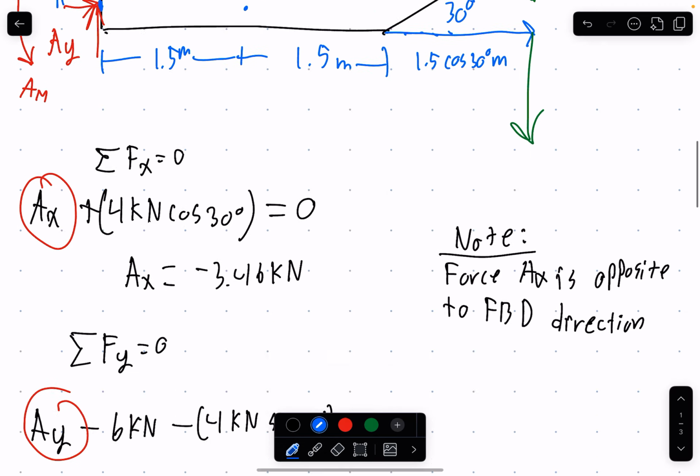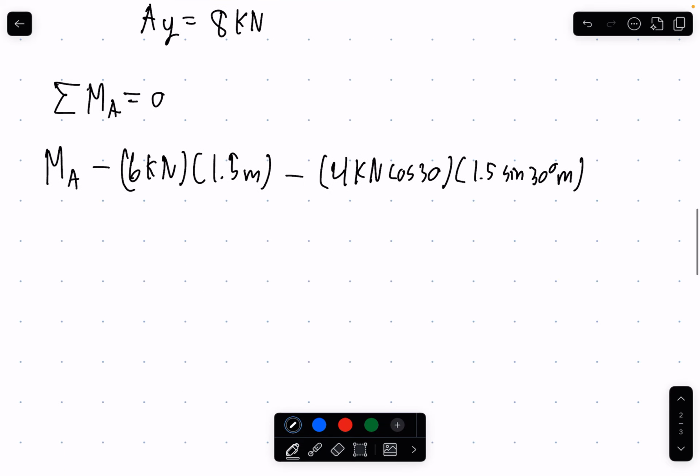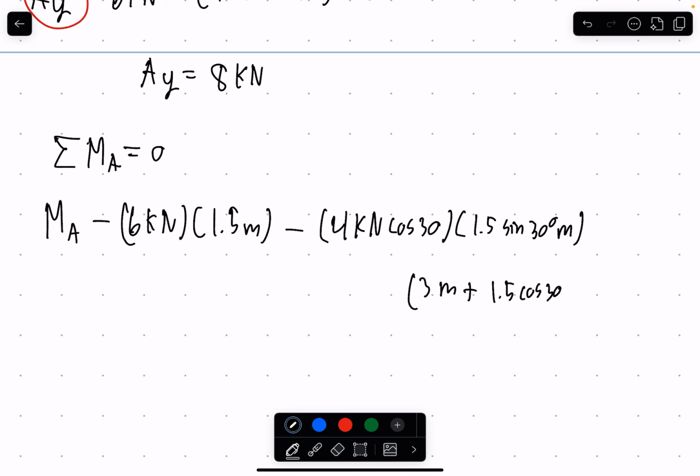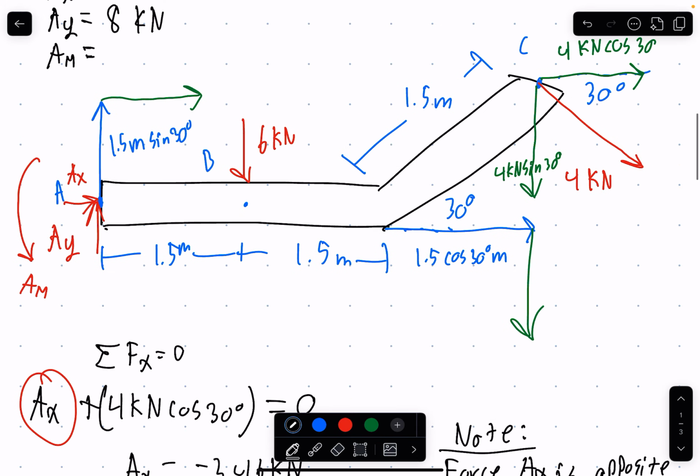Okay, so I'm going to add those all up. 3 meters plus 1.5 cosine 30 meters as well. So that'll be our moment arm right here.